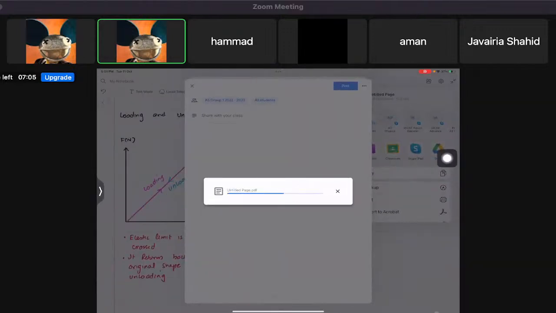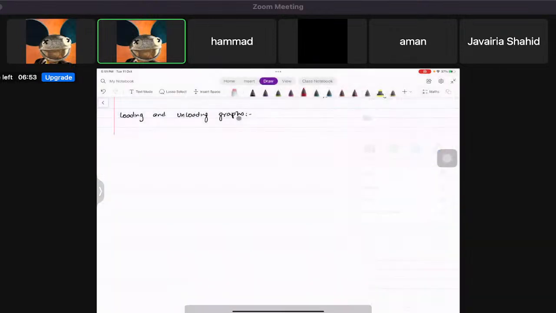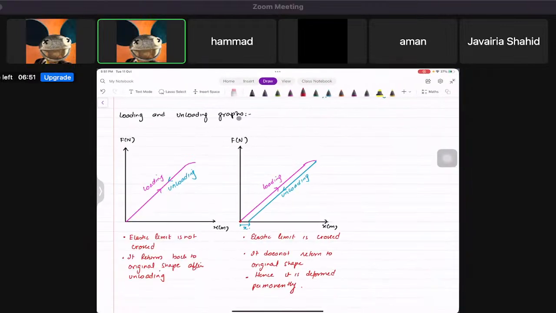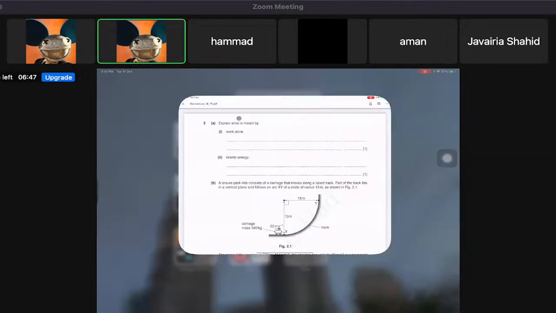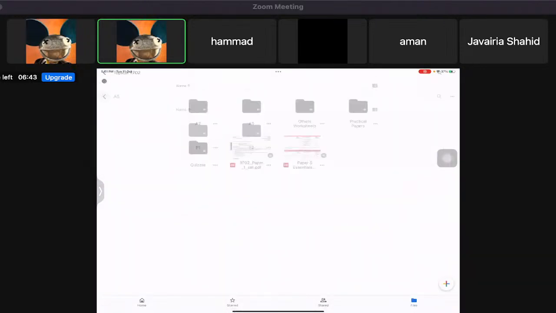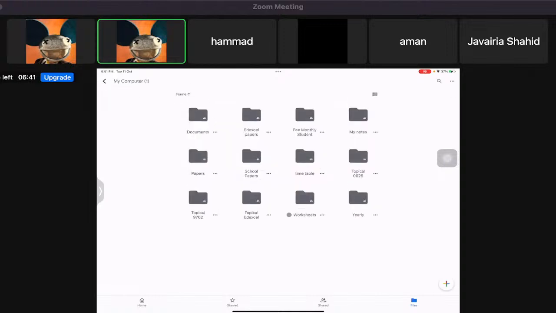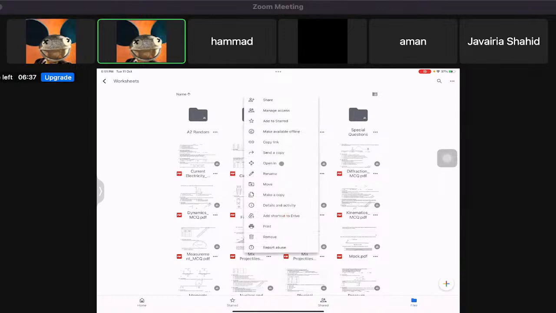So this is the deformation notes, and now I'm going to put the assignment here. Let me just go to... okay. Deformation. Okay, that's cool.